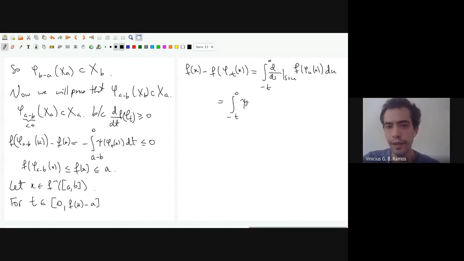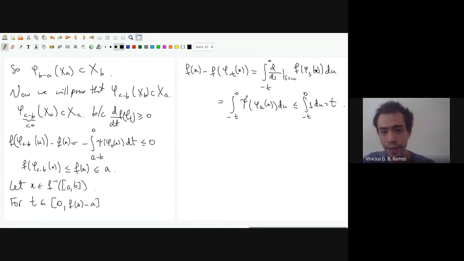So this psi is of phi u of x du. Okay, and this is less than or equal to 1. So this is going to be less than or equal to the integral from minus t to 0 of 1 du, and that's equal to t. And t is less than or equal to f of x minus a.